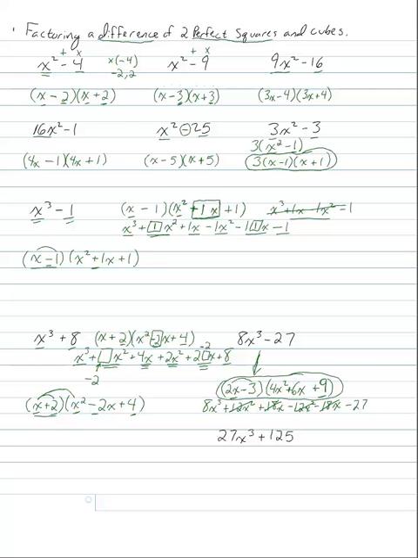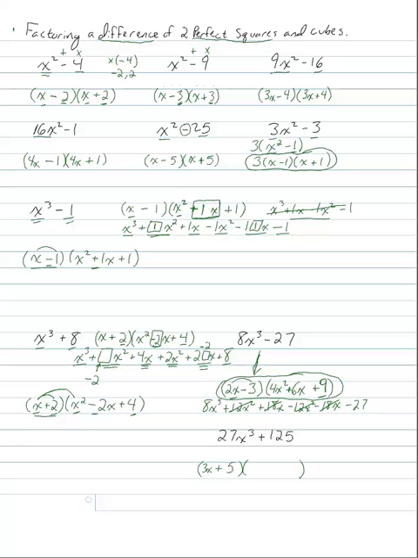So let's do this again. 27x cubed plus 125. Our binomial is going to be the cube roots. So cube root of 27 is 3x. Cube root of 125, if you don't know it, take a guess. It's probably going to be 5, and then actually cube it, make sure it works. So 3x plus 5.